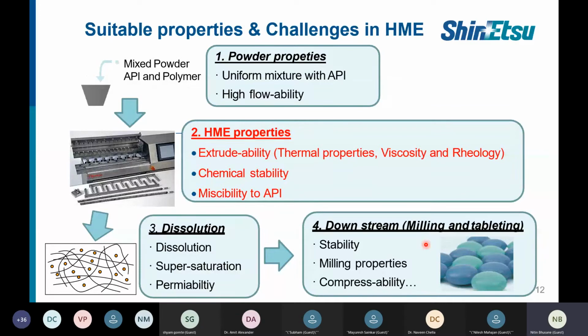Now, after finishing the powder property, let's discuss the HME property, that is extrudability, chemical stability, and miscibility to the API.